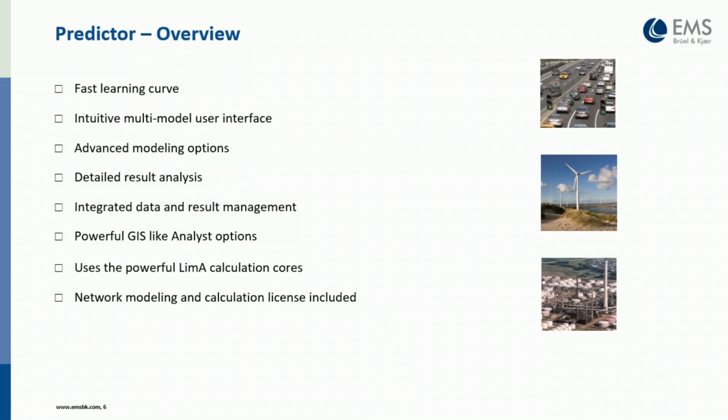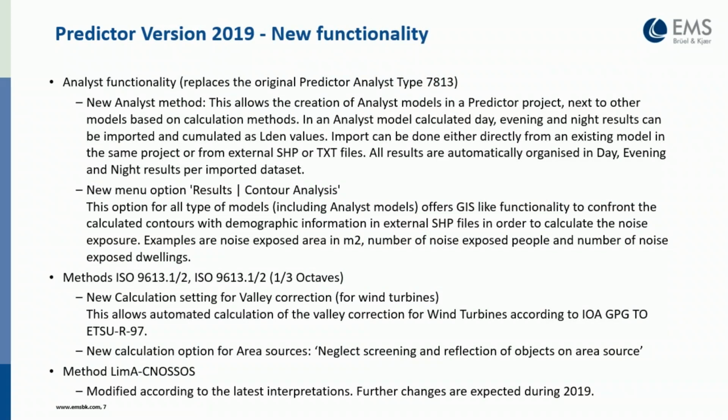So with one Predictor license, you can use Predictor on all your computers in your network, and you can start calculations from all your computers in the network. All calculations are automatically passed on to the calculation computer that has the HASP protection key.